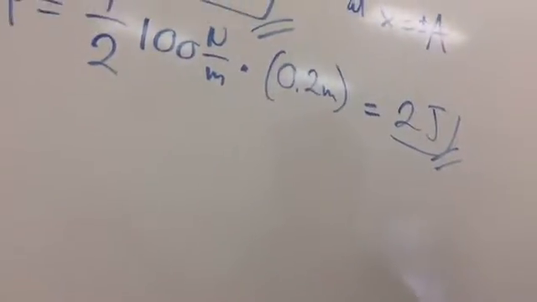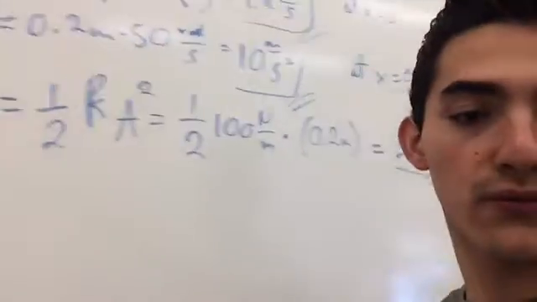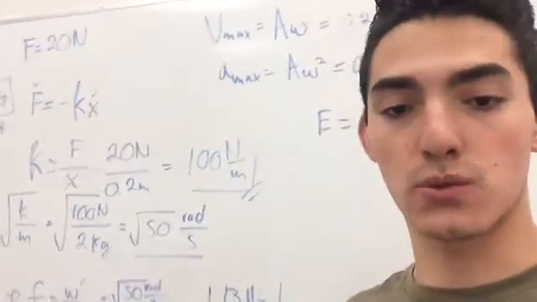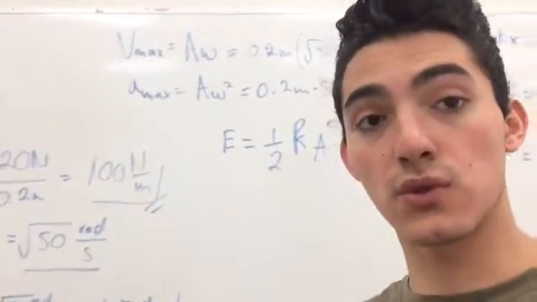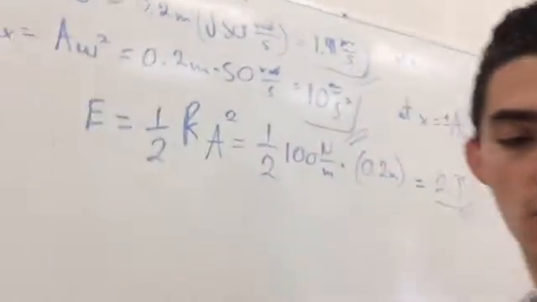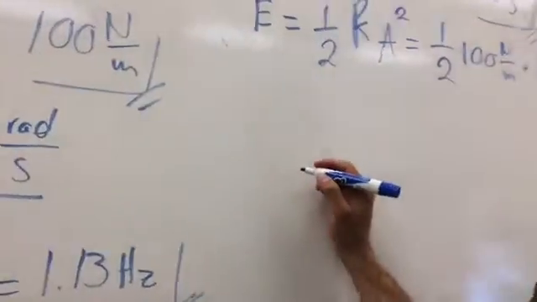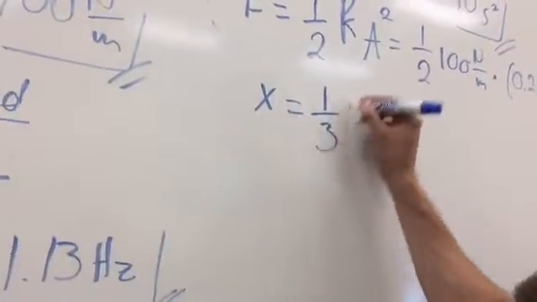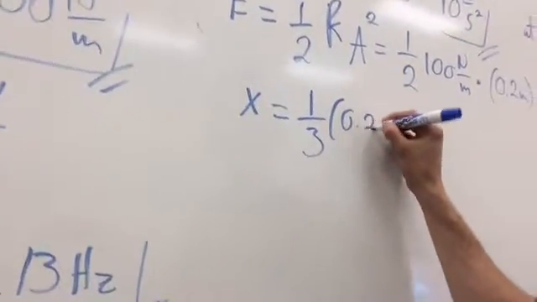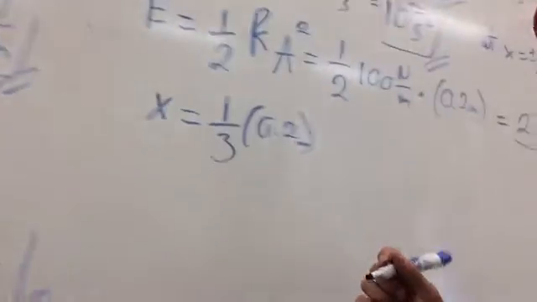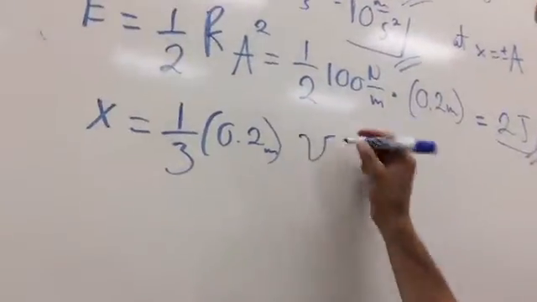Now, we are asked to find the speed and the acceleration of the object when its position is equal to 1/3 of the maximum value. When the position is 1/3 of the amplitude, we have to calculate the velocity.